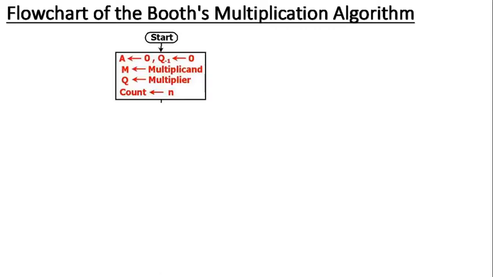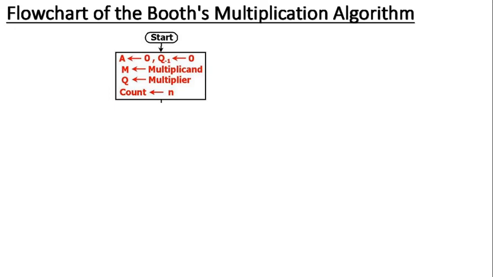Now next is the flowchart of that Booth's multiplication algorithm. Now this particular flowchart is extremely important. So at the top, start. Then the first step is about initialization that appears here. Register A, which is of n bits, all the n bits would be initialized to 0. Then the Q minus 1 bit, a single bit, is also initialized to 0.